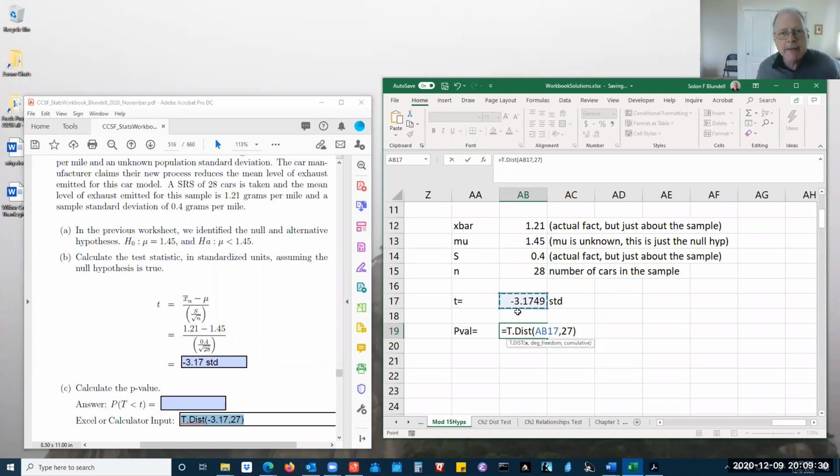I want to click on the cell so I get the exact number. And here it doesn't really make any difference, but I like to click instead of type, so if I change something, it'll change everywhere.